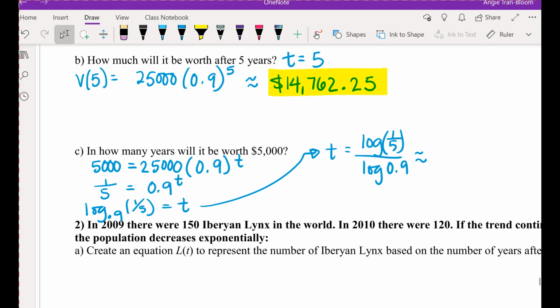All right, Josh, what do you have? 15.28. All right, Kelly, what's the unit of measurement? Class, in an application, you have to give me the correct unit of measurement.